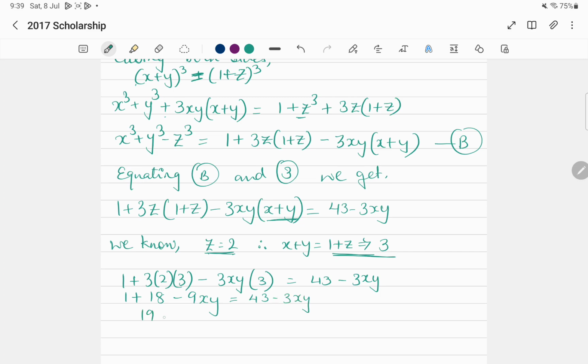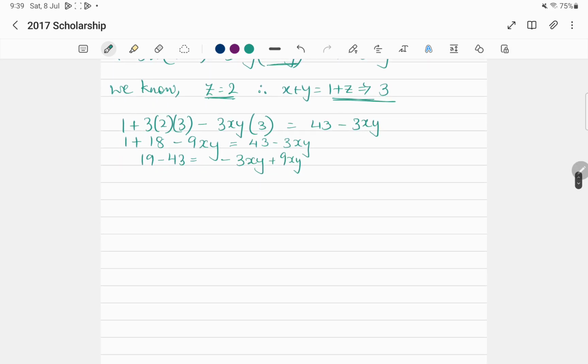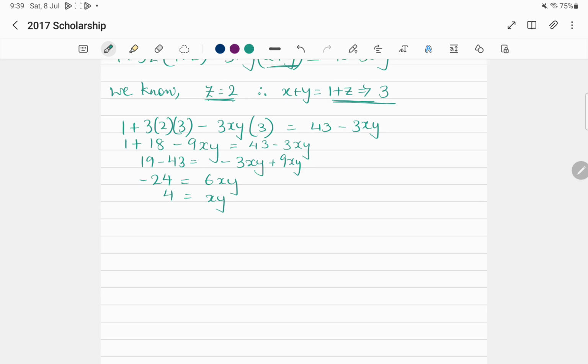So here we get 19 take away 43 is equal to minus 3xy plus 9xy. So here we get minus 24 is equal to 6xy. So xy is equal to minus 4, right?